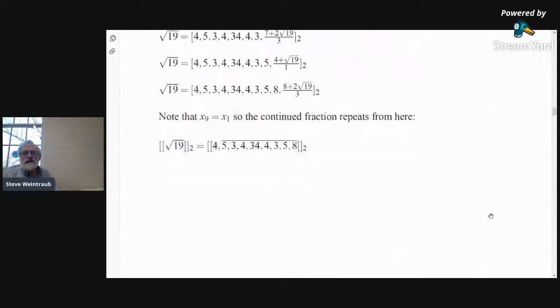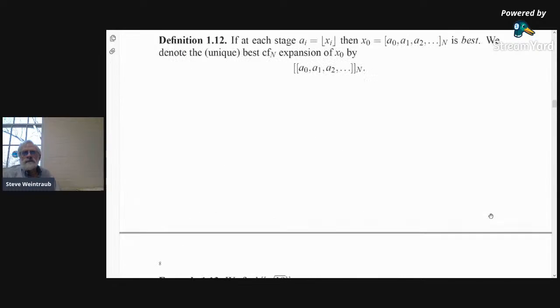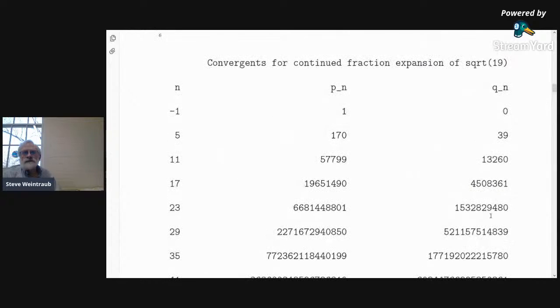Just be patient, we're getting there. Here we go. Right. The first non-trivial solution was p equals 170, q equals 39. The next non-trivial solution was p equals 57799, q equals 13260.